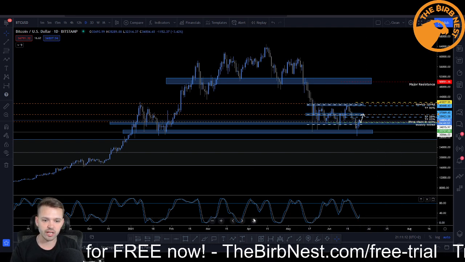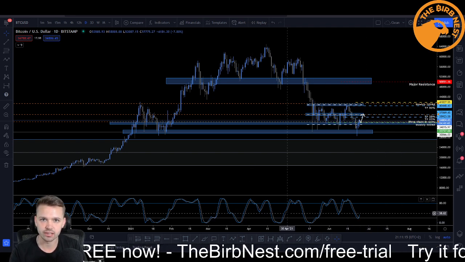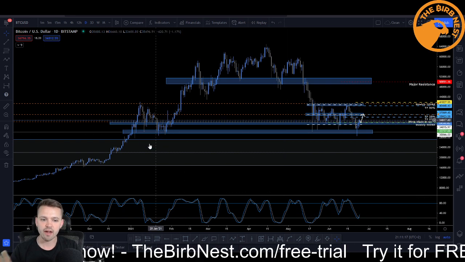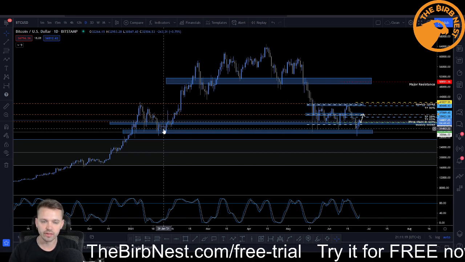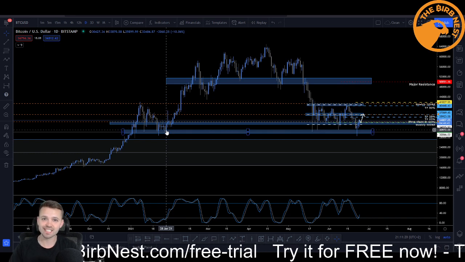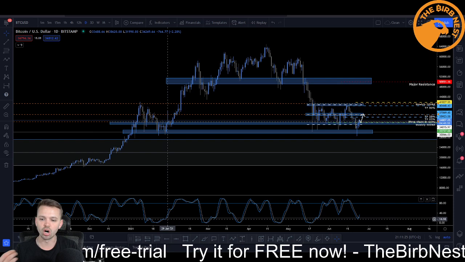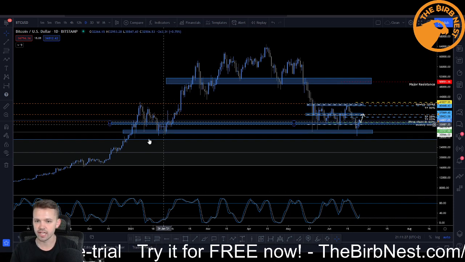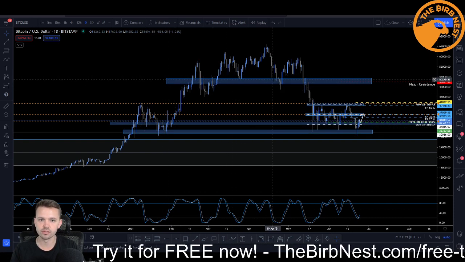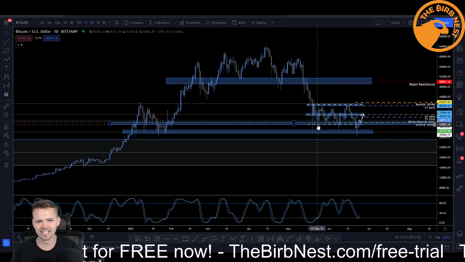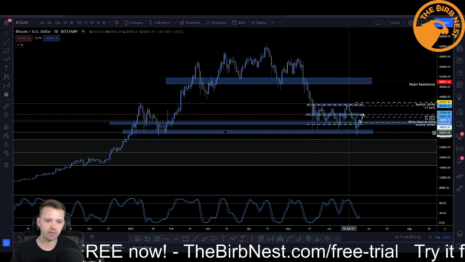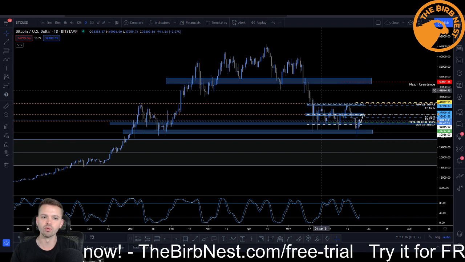This white line right here is the 20 level. On every bottom prior to a significant bounce, you have a bullish cross on the stochastics RSI here, oh well, I guess here too, and then we get one at the current level as well.